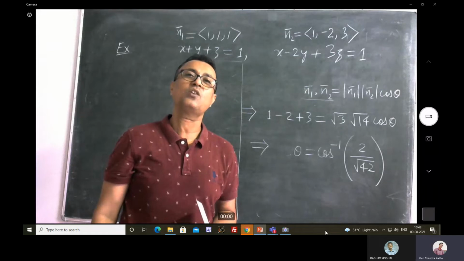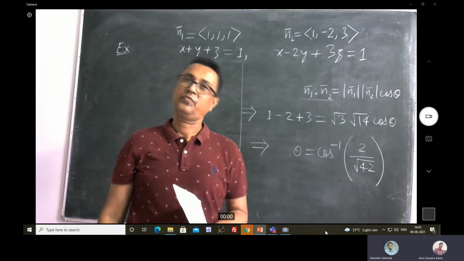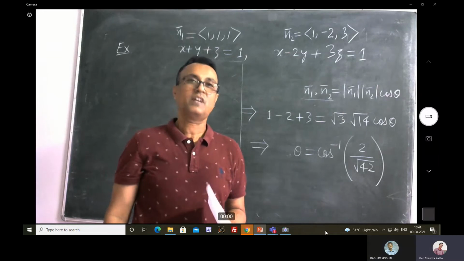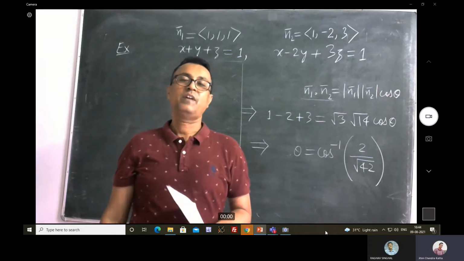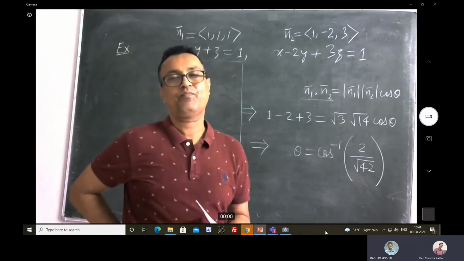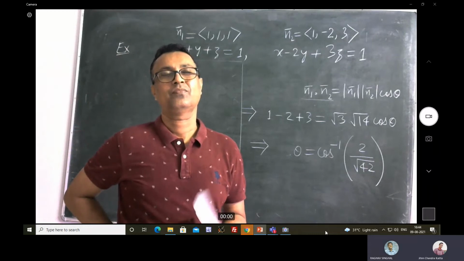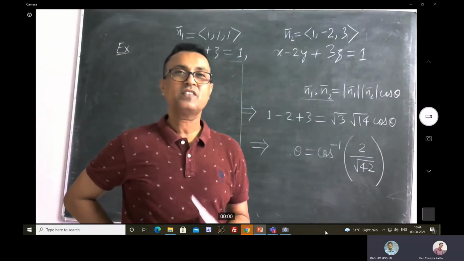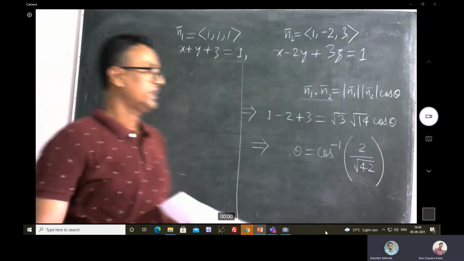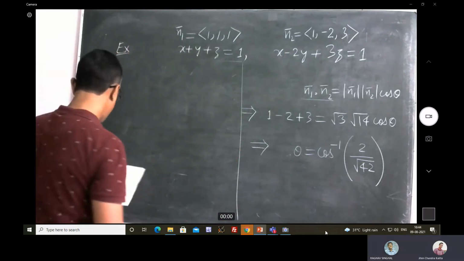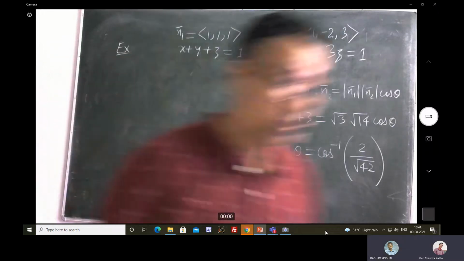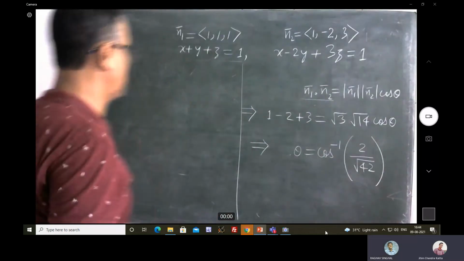If the normals have different directions, the planes cannot be parallel. So if two planes are not parallel, they are going to intersect in a line. The next question is: find the symmetric equation of the line of intersection of the two planes.